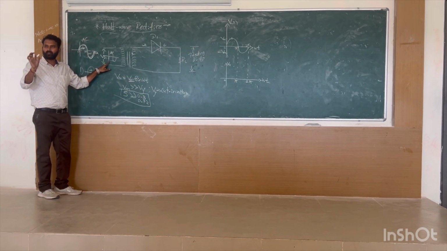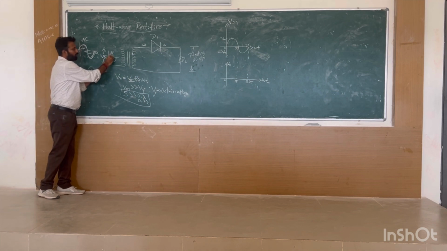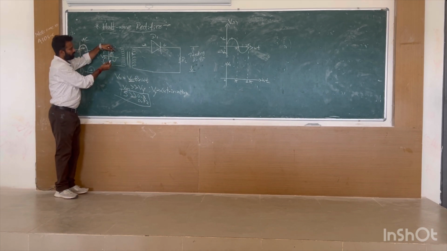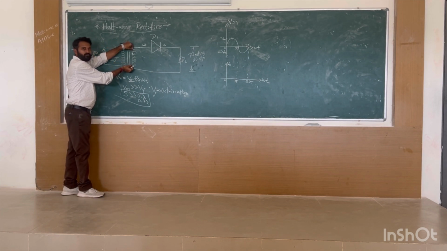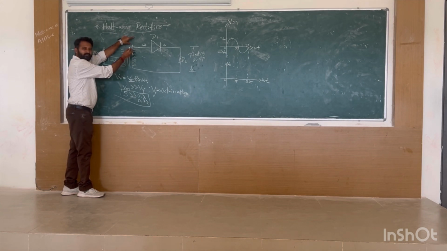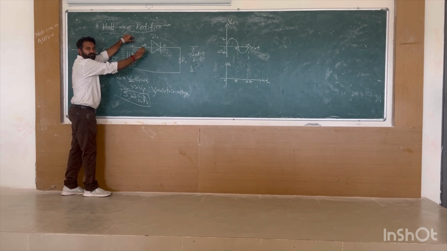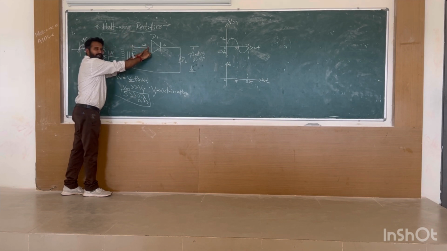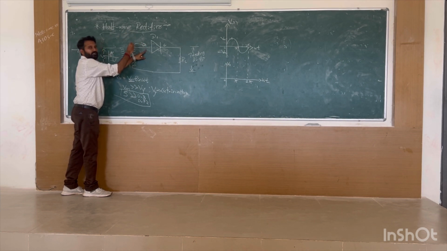Now, whenever you are writing the answer for an operation, it may be any topic. Listen carefully. Start with for the positive half cycle. Now, if you apply a positive half cycle here, what will happen? Anode of the diode will get positive.